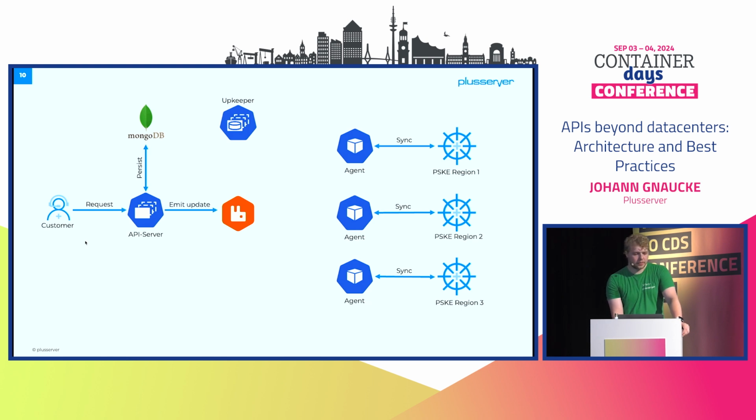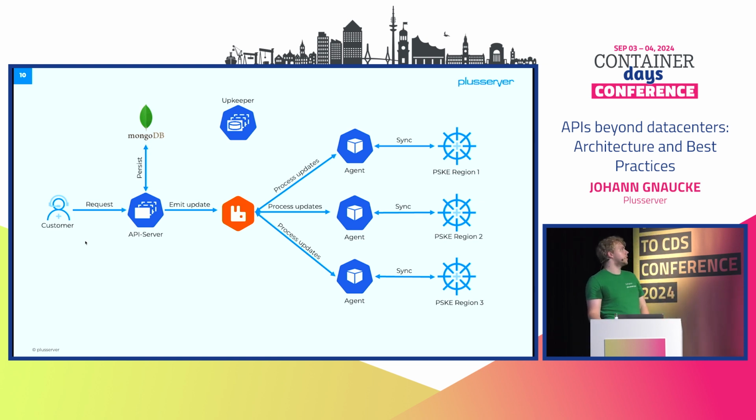So the API emits an update into one of our queues, and the RabbitMQ forwards the message to one of our agents, which then of course begins to sync the cluster and also starts to watch the cluster for events.